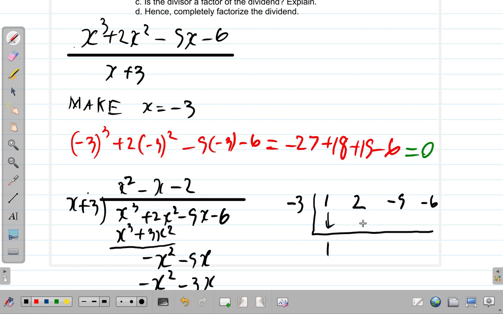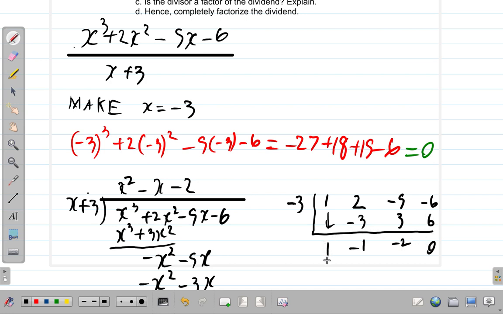Negative 3 by 1 is negative 3. Add these, and you get 2 plus negative 3, that's negative 1. Negative 3 by negative 1 is positive 3. Add these, negative 5 plus 3 gives you negative 2. Negative 3 by negative 2 is positive 6. You add these, and negative 6 plus 6 is 0.